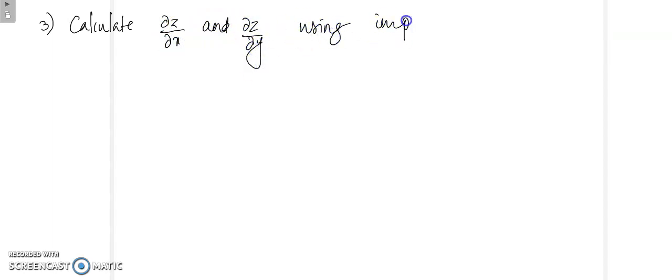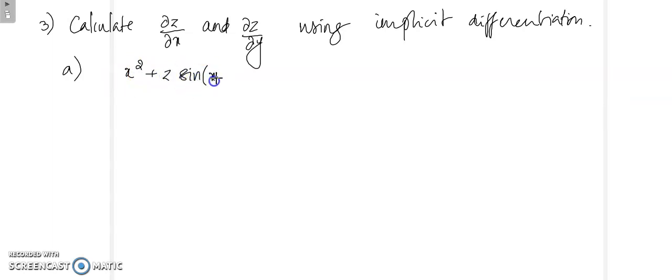The problem is: calculate dou z by dou x and dou z by dou y using implicit differentiation. Okay, so the first problem is x square plus z sine xyz equal to 0.